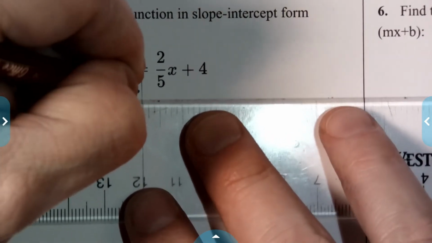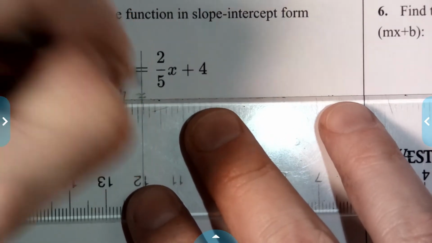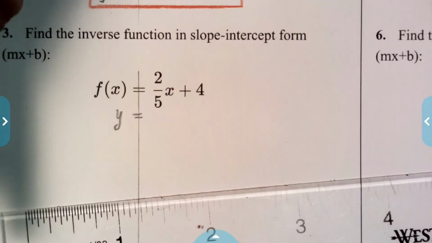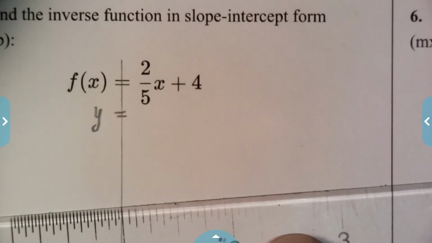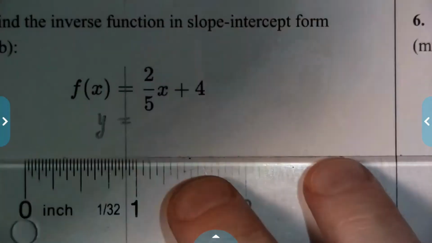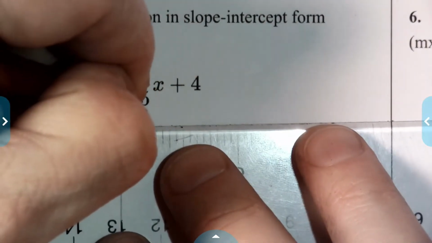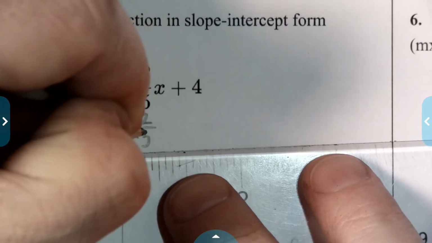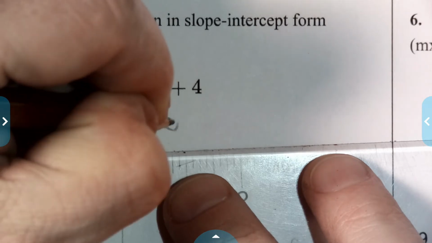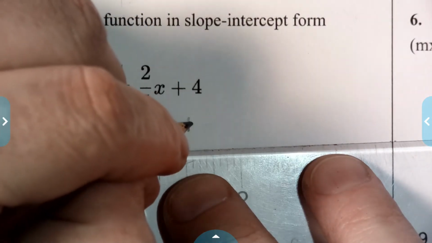I'm going to try to write a little smaller here because I think we're going to have a little bit of work to do. I'll zoom in a little bit more for you. So y equals 2/5 x plus 4.